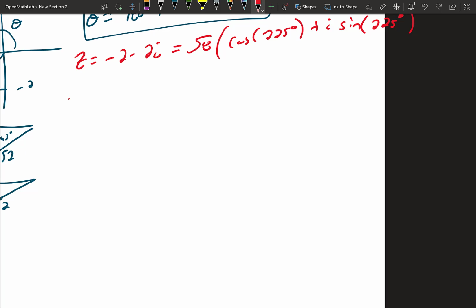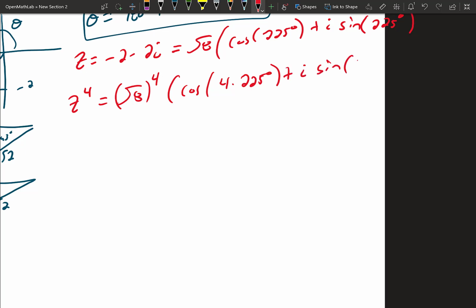So z to the fourth is equal to, just using that formula in the theorem, the square root of 8 quantity raised to the fourth power times cosine of 4 times 225 degrees plus i times sine of 4 times 225 degrees.